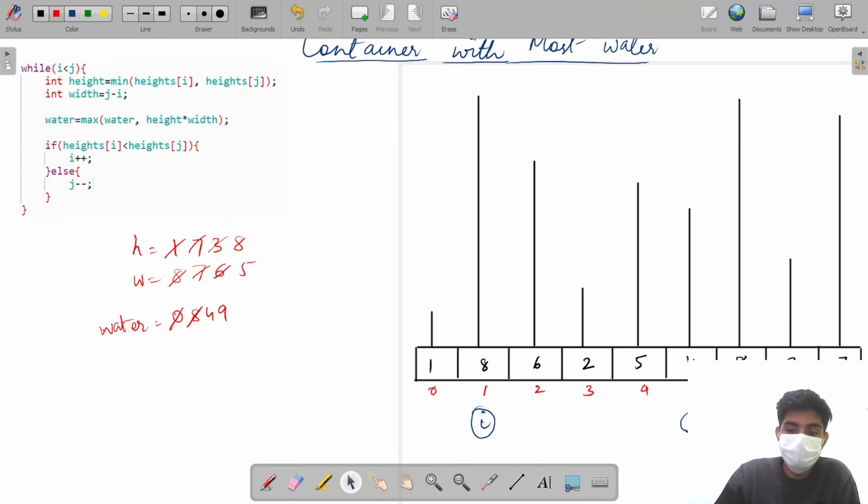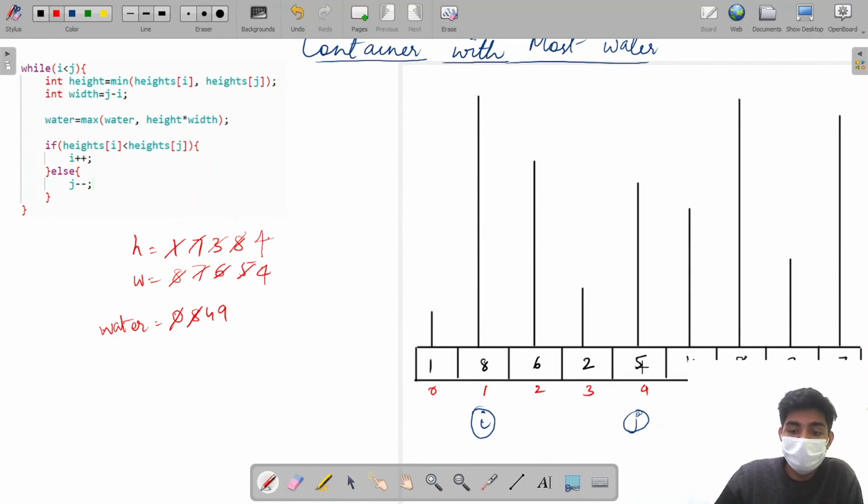Now I have 8 and 4. Now the minimum of the two is 4, and my width is going to be 5 minus 1, which is 4. So my water is going to be 16. 16 is not greater than 49, so I will not update it. Now I will decrease my j again.